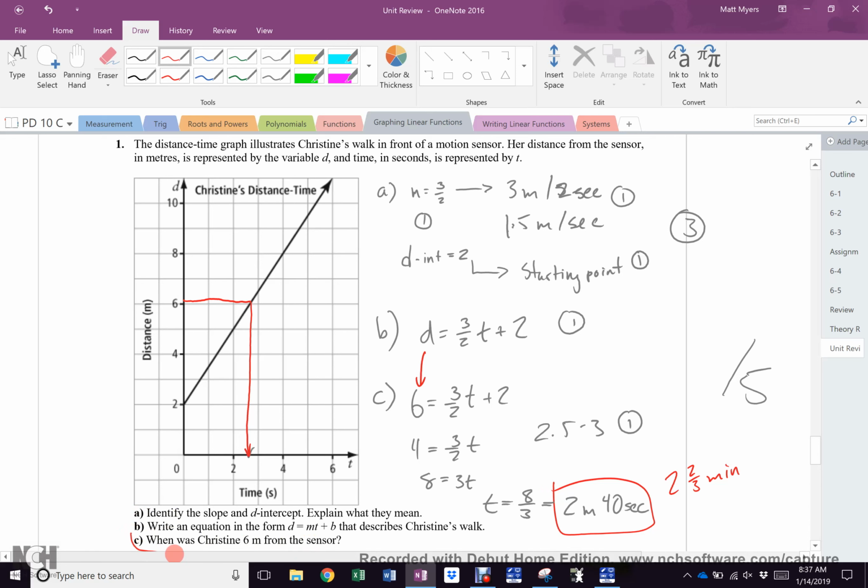It would only be C. And how you solved it would affect your mark on the rubric scale. If you use the graph, you would not get as high a rubric mark as somebody who used this. But you would still get the answer because you would know the answer. Everyone understand?